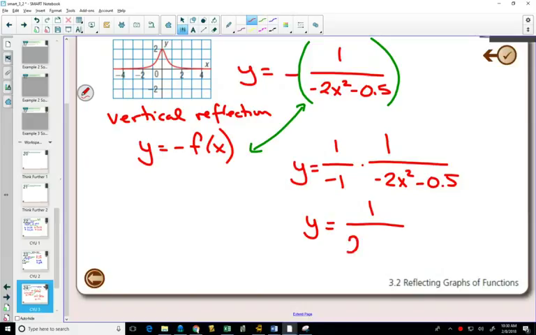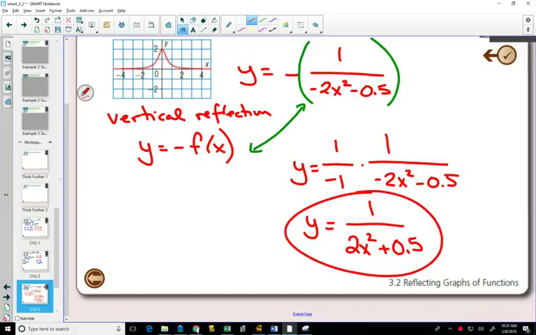And you would get positive 2x squared plus 0.5. And I think in most textbooks, they would probably choose that as their answer rather than the negative one. But when you're writing it, this would be right and this would be right. You're not expected to have one form over the other, as long as your form is equal. You can't write something that's different, but if your form is equal to another form, then it's fine.